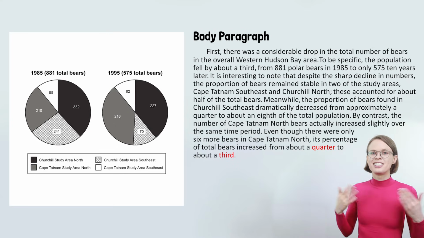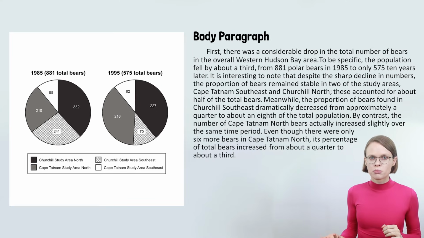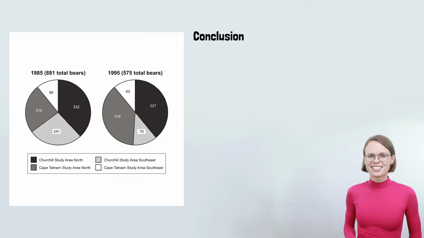That allows me to demonstrate to the IELTS examiner that I can use numbers effectively. The end result is a sentence that shows that there was a big change in the percentage of bears in the one area, but the actual number of bears was almost the same. That's all I want to say in this response. I'm ready to move on to the conclusion.